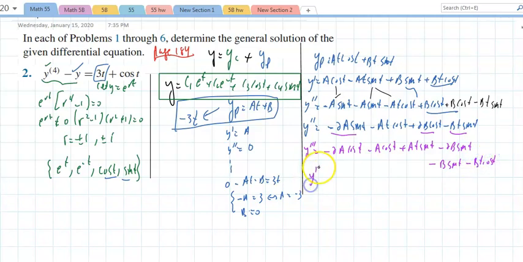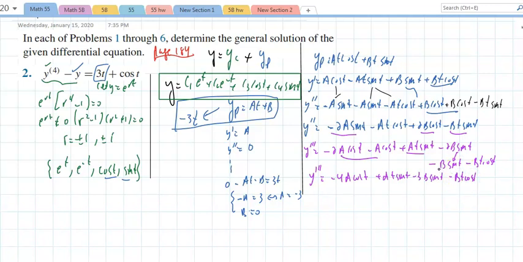Let me clean that up. That is negative 4A cosine of t, plus at sine of t, minus 3B sine of t, minus bt cosine of t.